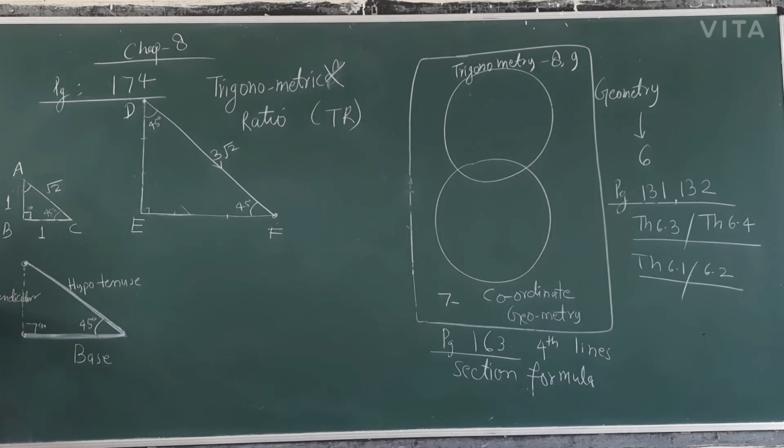Or you may say normal also. So now we have started the definition: base, hypotenuse and perpendicular, normal.